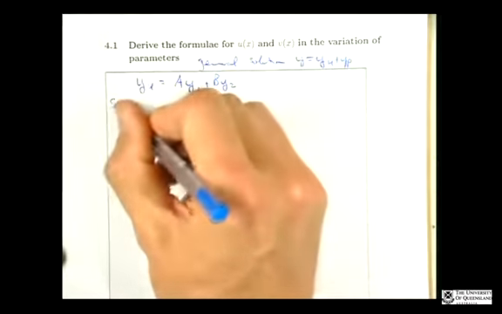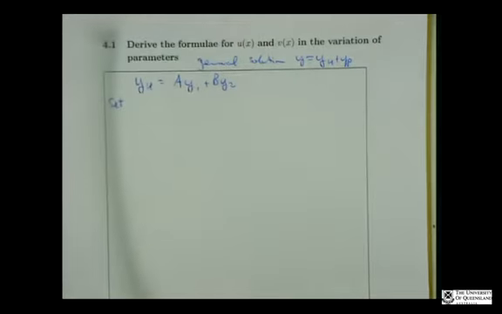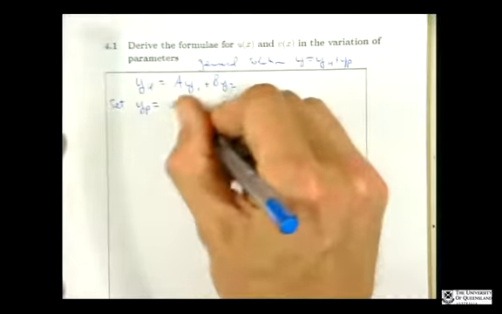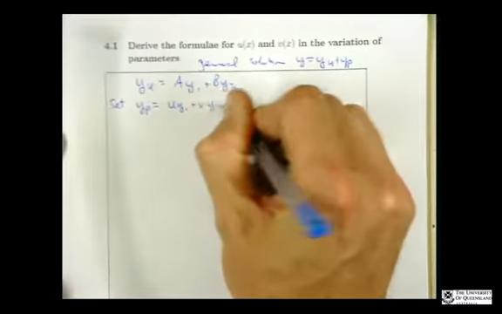Okay, so we'll follow the procedure outlined on the previous page. We'll set the particular solution to be u times y1 plus v times y2.